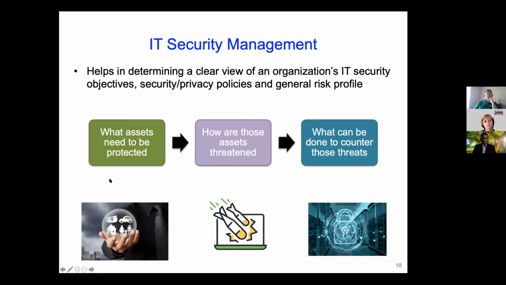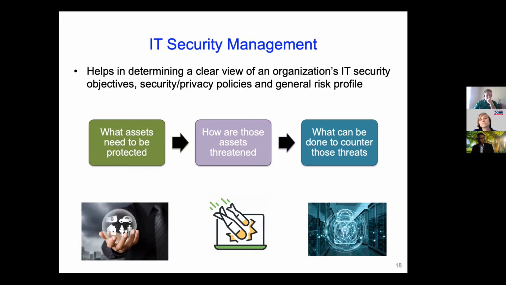In cybersecurity, we call this IT security management because it's a set of things we do that, at the end of the day, help us manage, because as I said, there are things we cannot completely overcome. So we need to know how far we can go and manage the threats that we think are definitely worth addressing. So the process seems straightforward, right?